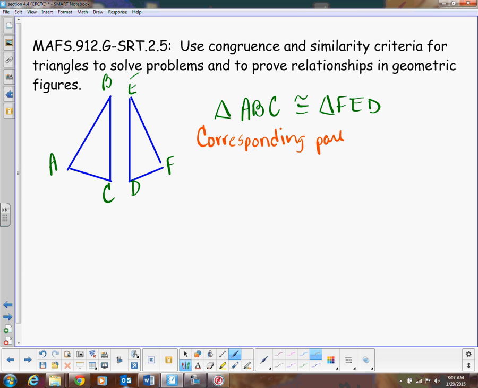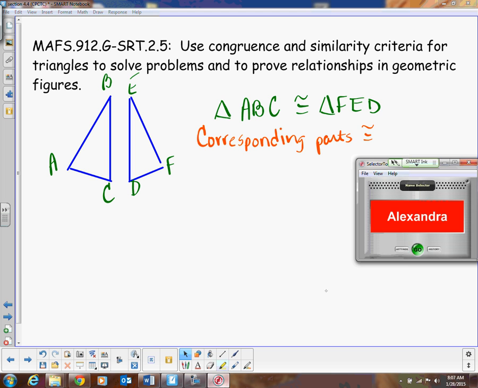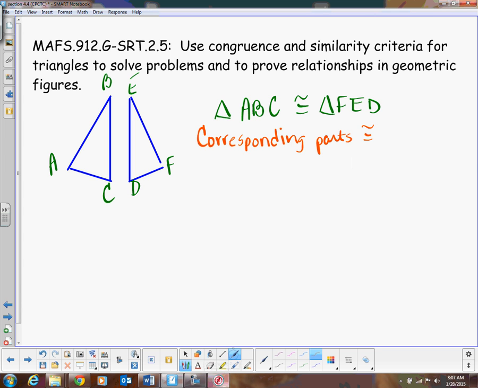Those corresponding parts are congruent. So there are 3 sets of congruent segments. There are 3 sets of congruent angles. Lizzie, name one set of congruent sides. AB is congruent to FE. There's one set.